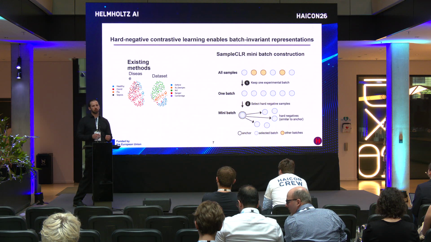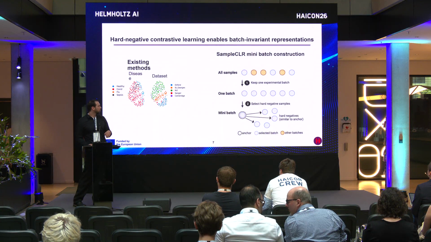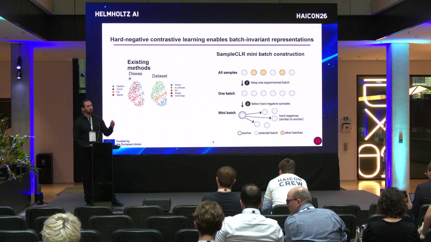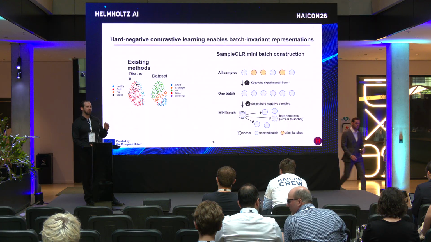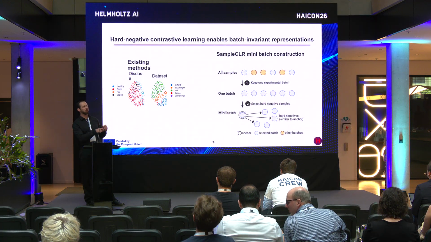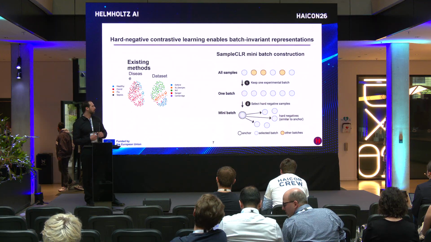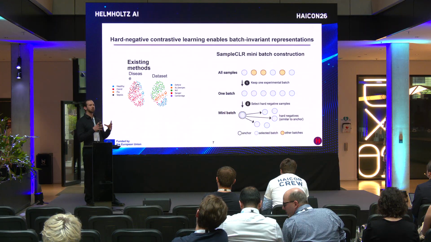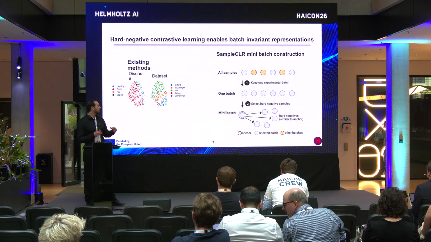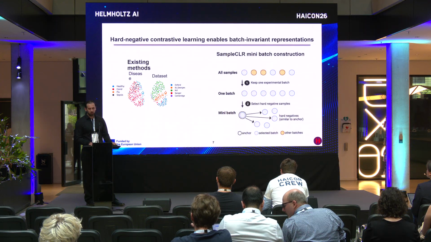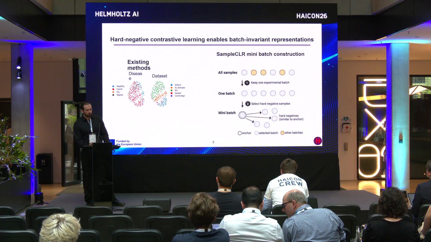If you think about how we train these deep learning models, usually we train per mini batch and we gradually update our weights. So what we do is we keep only one experimental data set at a time, and then we gradually fill up these mini batches with similar data points, really enforcing the model to only focus on one batch at a time, while also making sure that we learn meaningful representations.